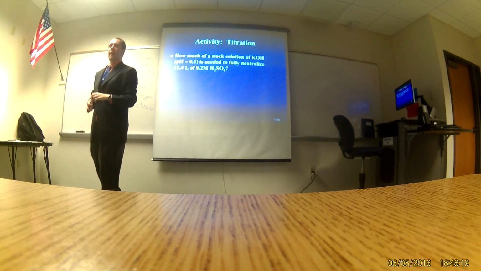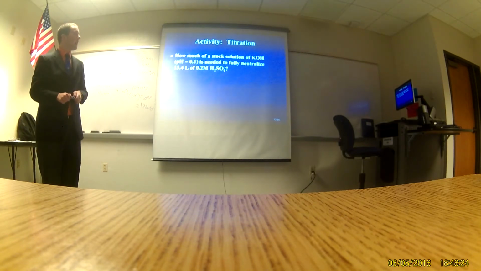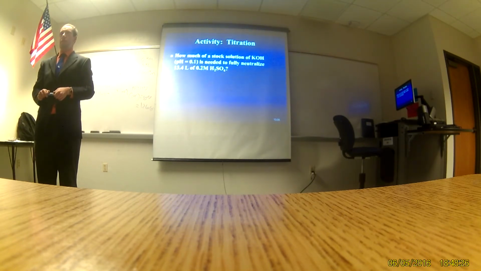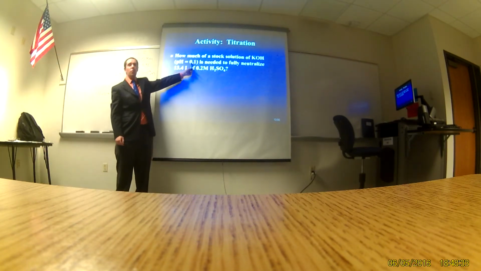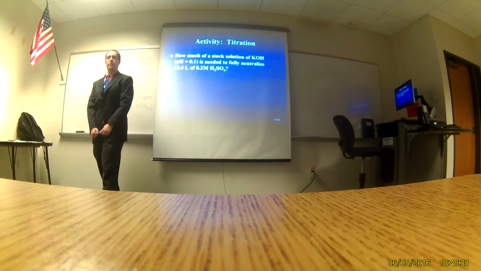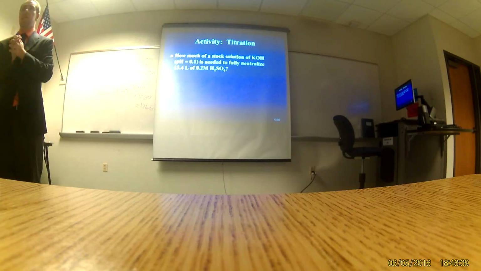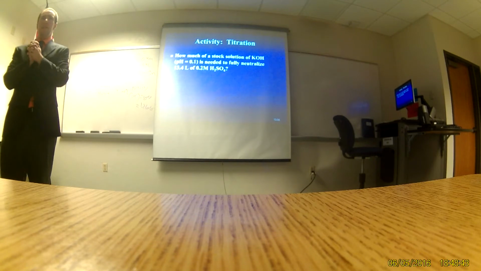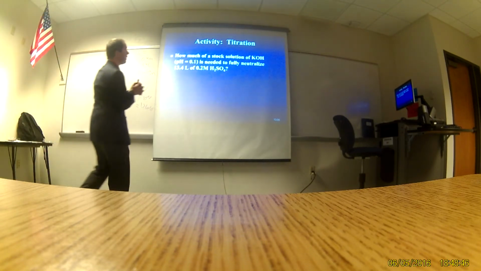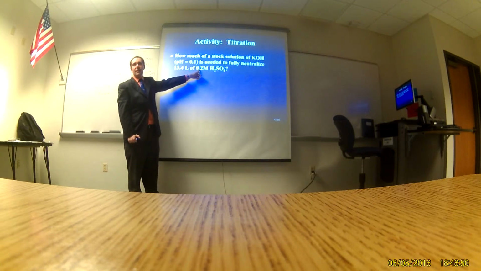We're trying to neutralize our base. But look at the pH of our base. What does that tell you? Our pH of our base is 0.1. Is a 0.1 pH acidic or basic? It's acidic. And so we're trying to neutralize acid with a basic solution that's actually acidic.